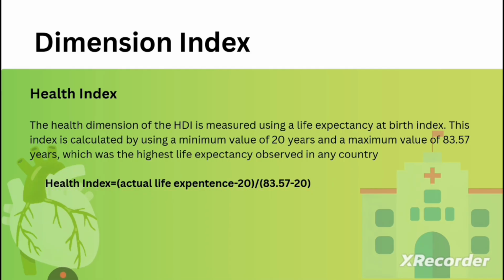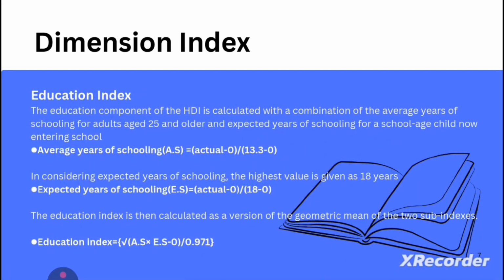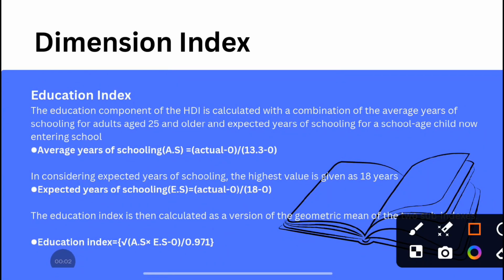Next is the education index. The education index uses a combination of the average years of schooling for adults aged 25 and the expected years of schooling for a school-aged child. Here we can see the equation for the average years of schooling, where the minimum value is 13.3, which is the expected years of schooling for an adult aged 25.